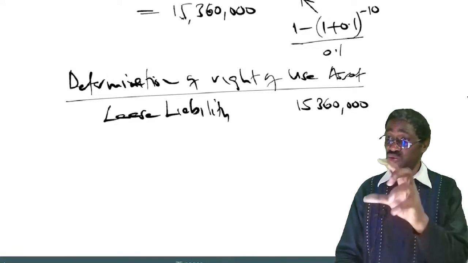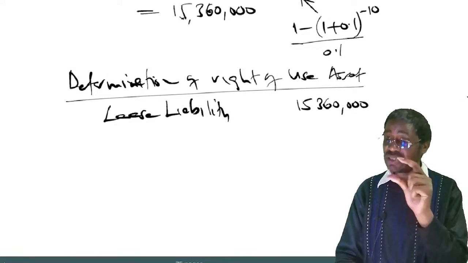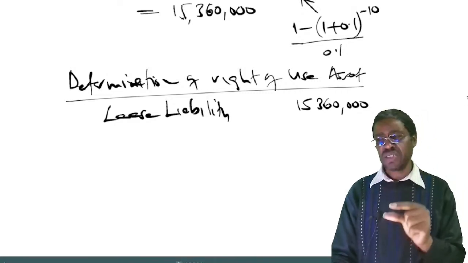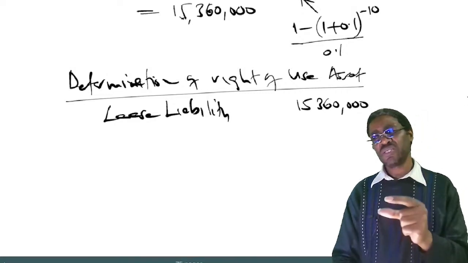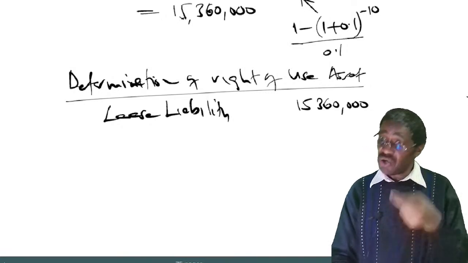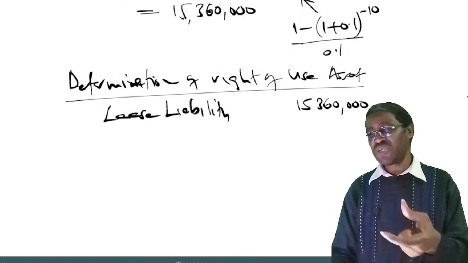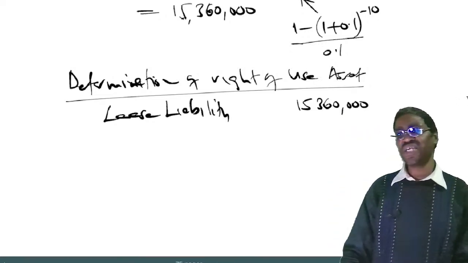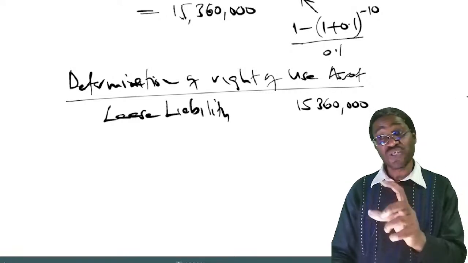Then I told you to add any lease payment made at or before the commencement period. For this question, there is nothing they are telling us we paid at the commencement period.